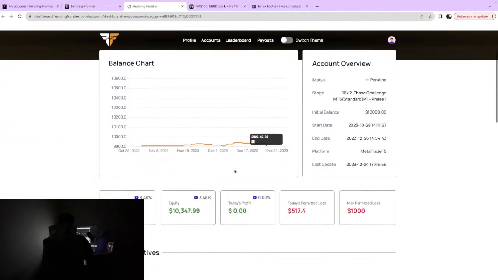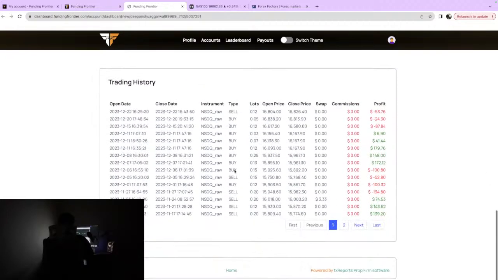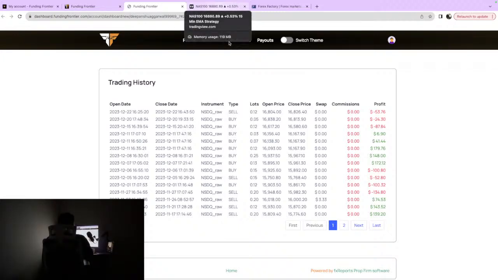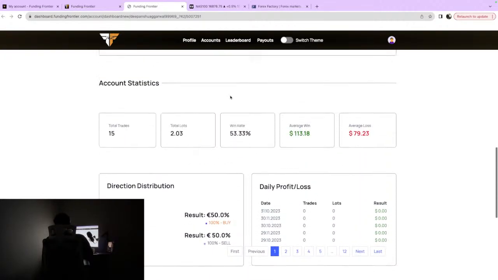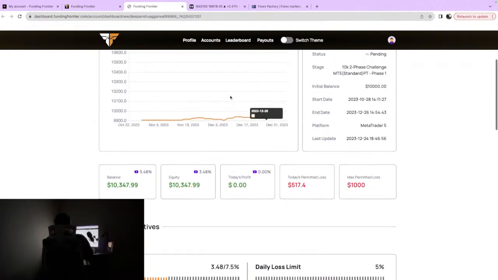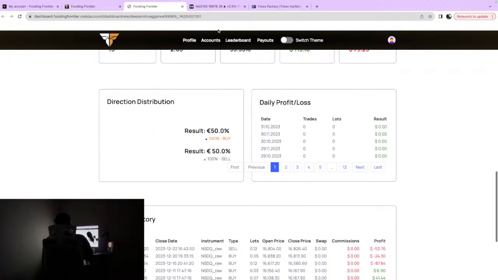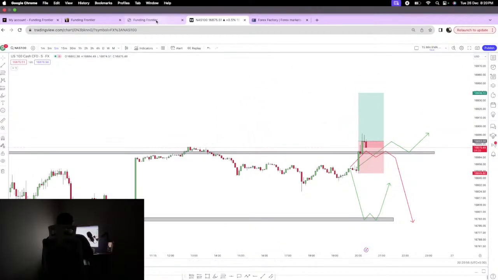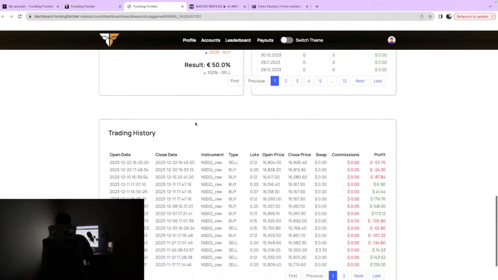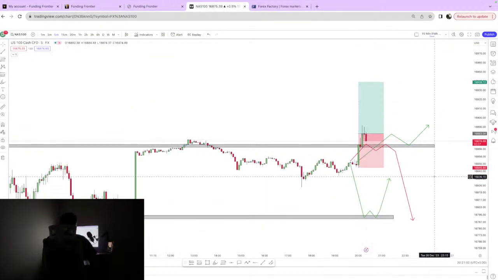This prop firm is UAE based because when they were having issues in that My Forex Funds kind of things, that time I shifted to a UAE based firm, and it's my first funded account with them. 2, 3 I have blown out, right? So if we are able to pass this challenge, then I'll be tracking the record with you, whether we'll be able to get a payout or not.